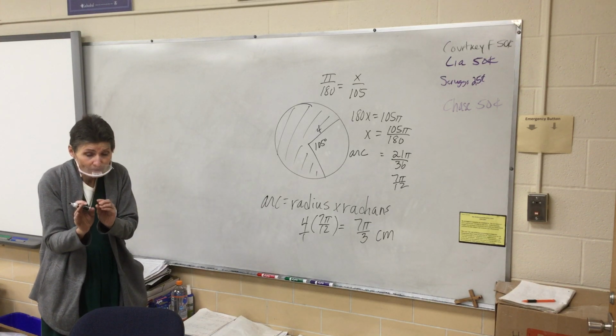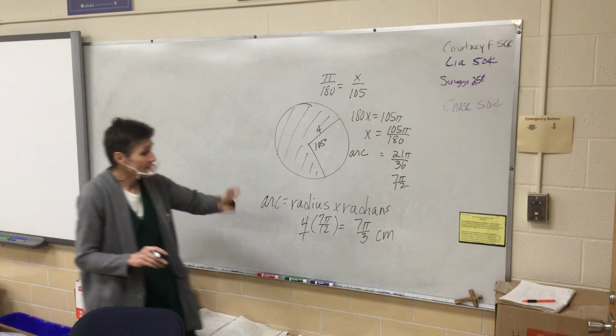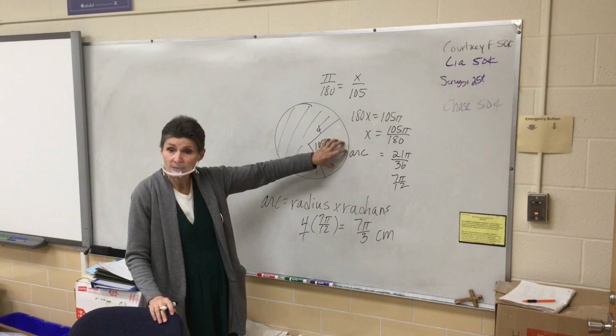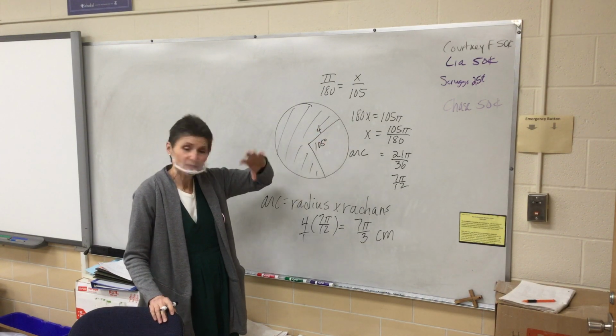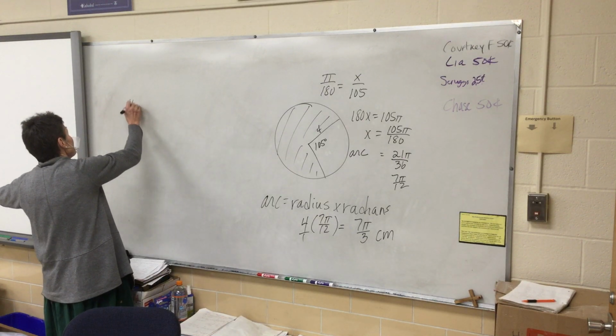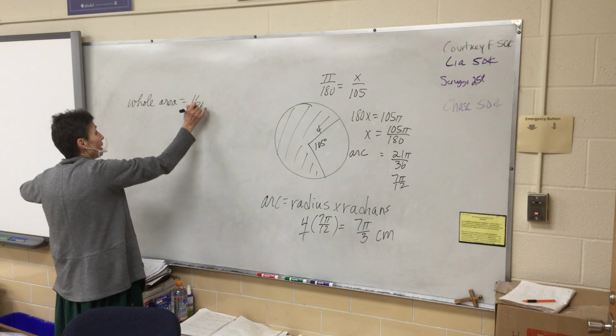Be careful. I see what you're doing, and that would be exactly right, except 7 pi over 3 is the arc length. It's not the area of that. Otherwise, you'd be exactly right. I do like the idea of starting out with pi r squared. The whole area is 16 pi.